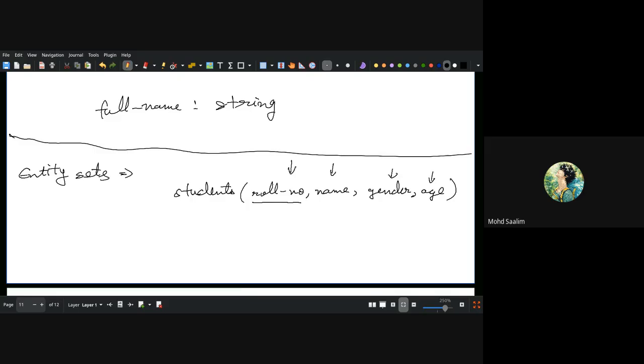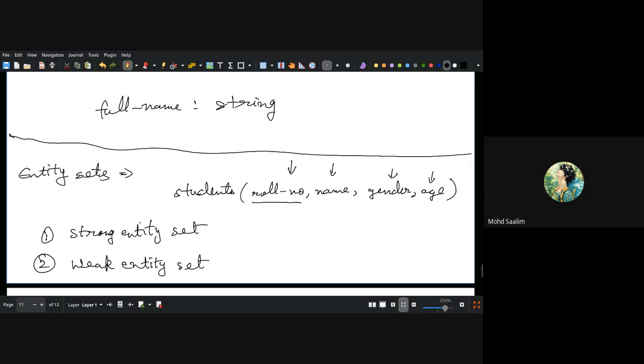Now comes a very important part, and I think this is very important. Okay, cardinality is done. I'm talking about the types of entity sets. There are two types of entity sets. First one is strong entity set, and the second one is a weak entity set.